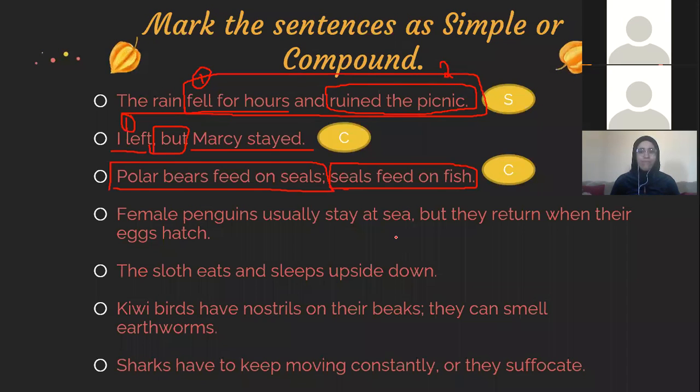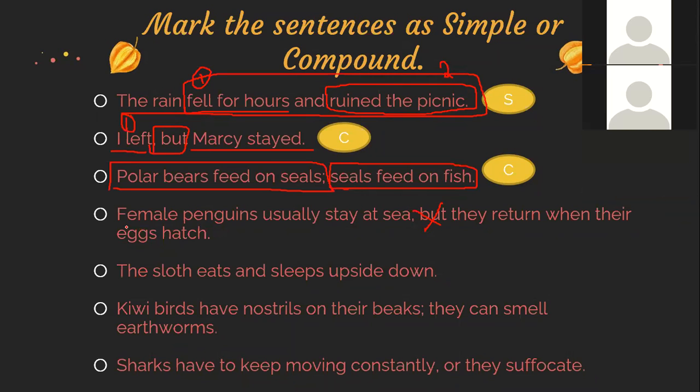No. Look, Rena. Female penguins usually stay at sea. Okay, here if you notice that you have a comma and you have a conjunction, if you cross them out, so I have two parts. Let's check. If each part makes an independent clause, then I have two independent clauses and it makes a compound sentence. But if one of them doesn't make an independent clause, then it is a simple sentence.